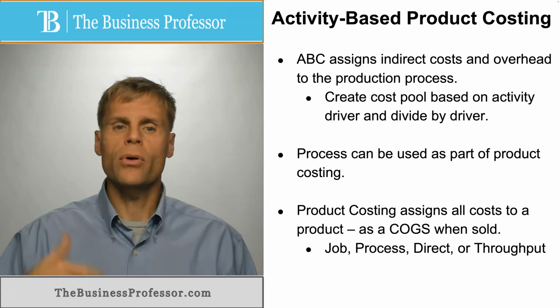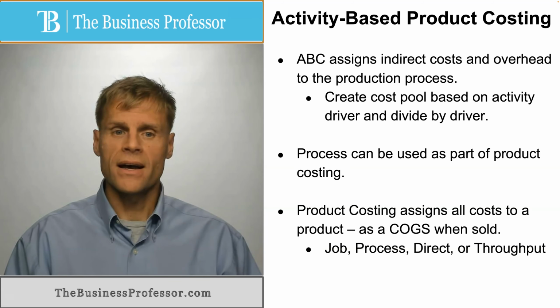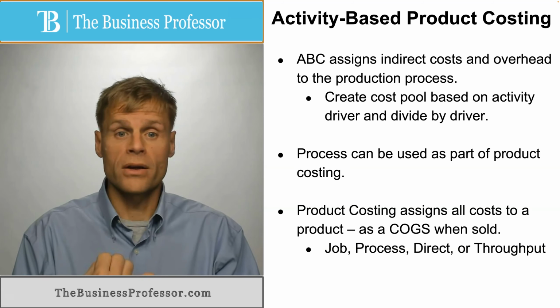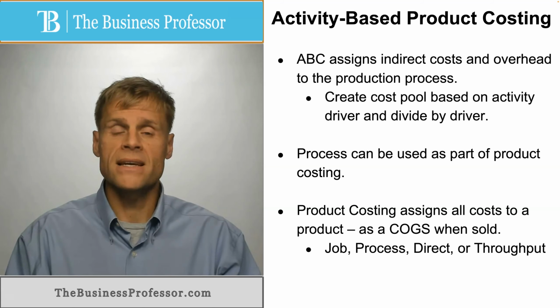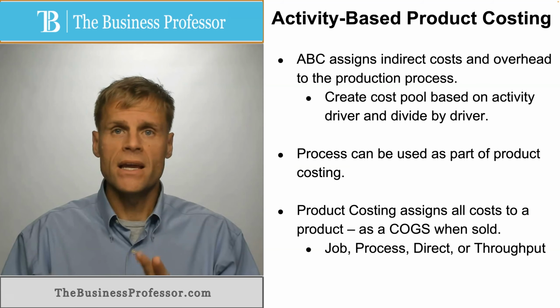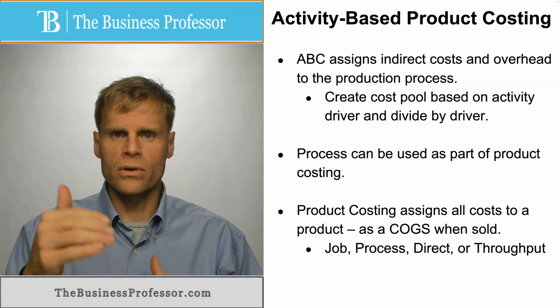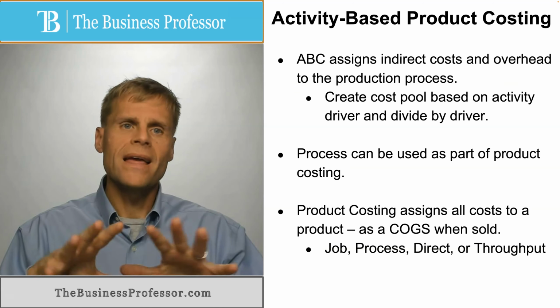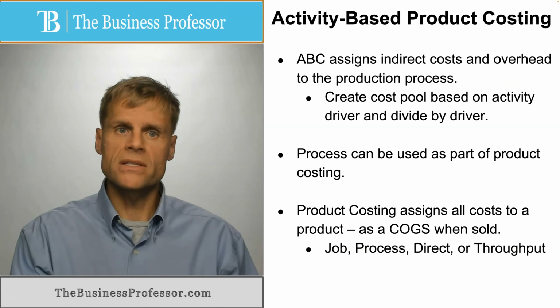Now, there are different approaches to product costing. You can attach the product cost to the job, to the process, directly to some activity, or through another process called throughput. That's beyond the scope of this discussion.